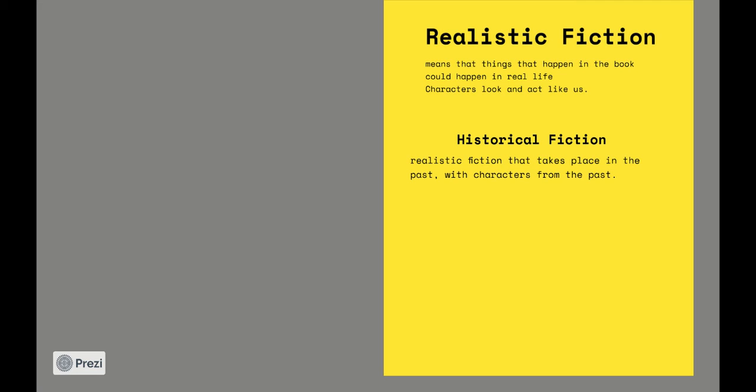In historical fiction, however, it's realistic fiction that takes place in the past with characters from the past. So when you read a historical fiction book, it may be something like George Washington, and George Washington may be, let's say, meeting you, right?